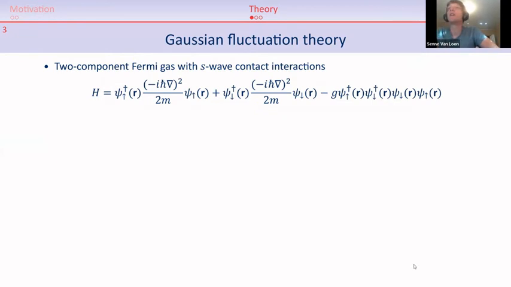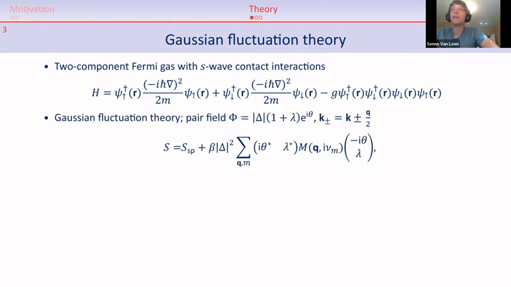The most important thing is this 4-point contact interaction, which we can rewrite using the Hubbard-Stratonovich transformation by introducing some pairing fields that I call phi here, which can be used to rewrite the 4-point interaction into a coupling between fermions and a bosonic pair field. Then the fermionic degrees of freedom can be integrated out, and you get an effective bosonic action for the pairs.